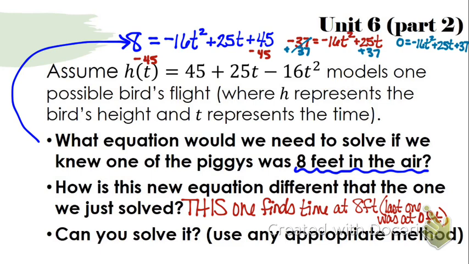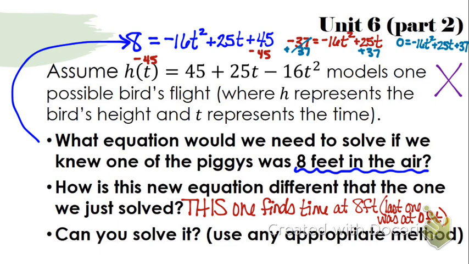And then we can try to factor it. What do I need in order to be able to factor? You need to multiply 37 by negative 16. Grab your calculators, do that for me. Negative 16 times 37.